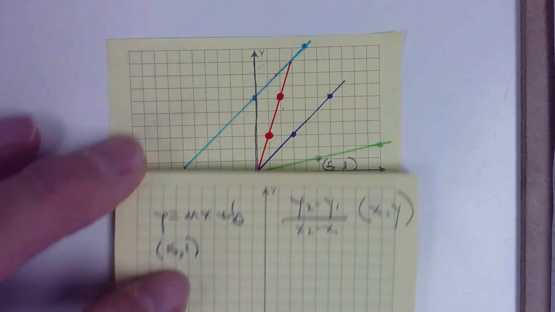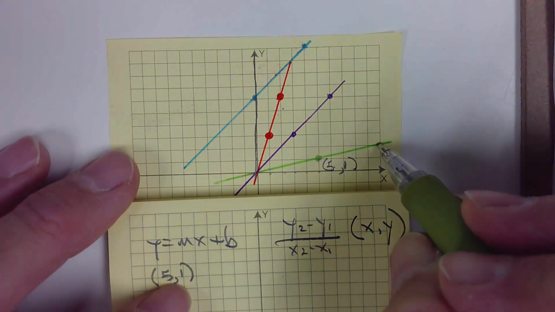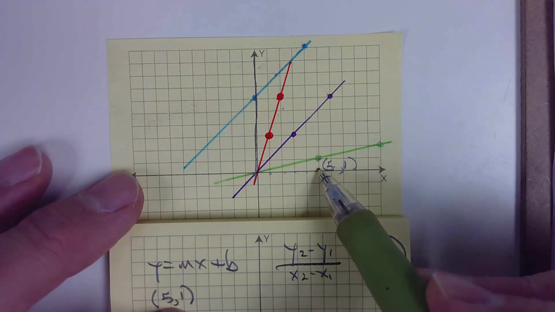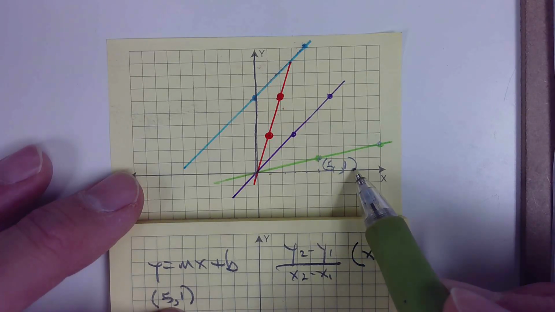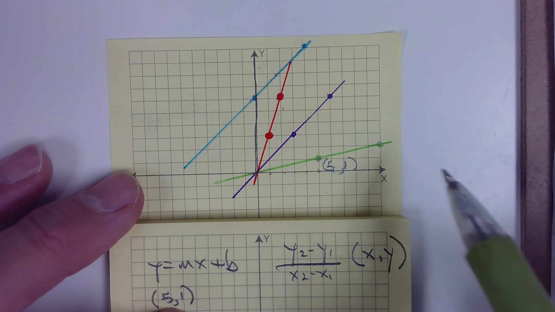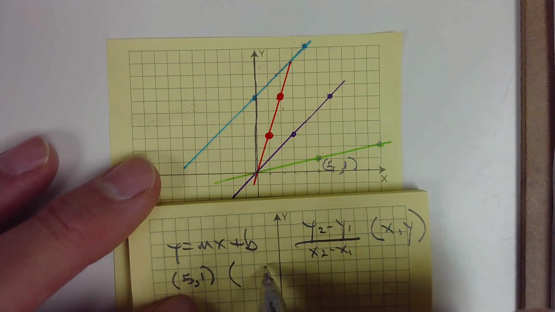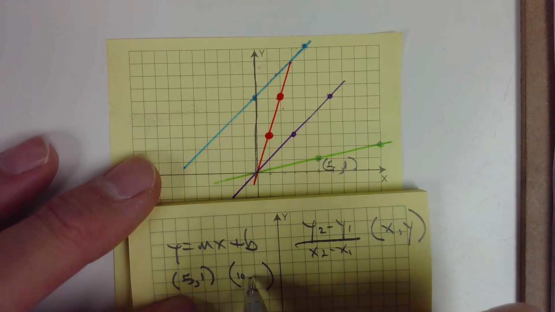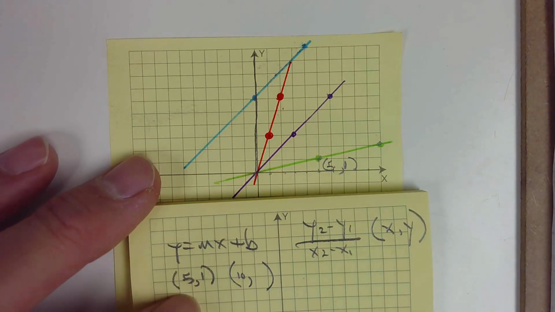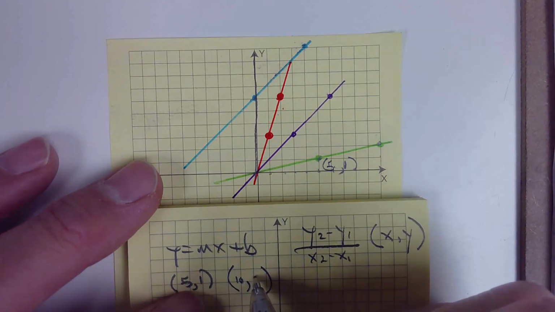All right, the next point, I'm going to stick with you, Mr. Roland, right here. So if this is 5, 6, 7, 8, 9, 10, what's the first coordinate on the next point? 10. What's the next one? Not quite, it's 2. 1, 2.